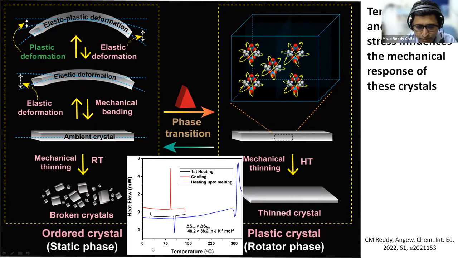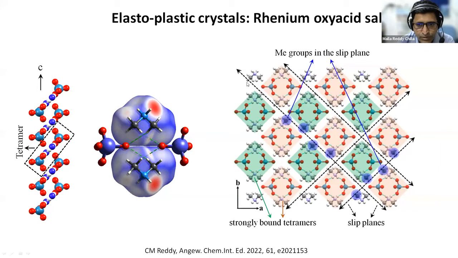That is why you have a bigger hump. This tells us that this is a plastic crystal. And then we looked at the structure. You have beautiful slip planes, but there are certain weak interactions here, probably holding them to some extent, and that is where it is a little bit elastic. But if you push them further, it shows plastic bending, probably because you have slip through these weak interaction planes in these crystals.